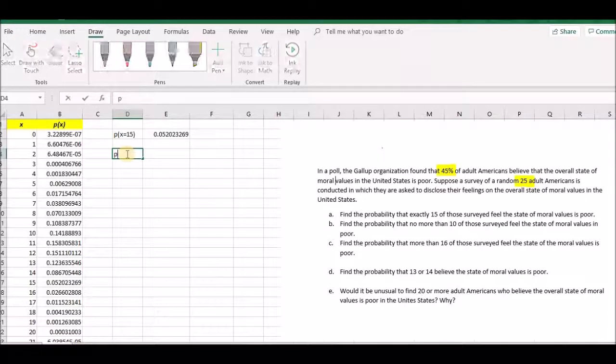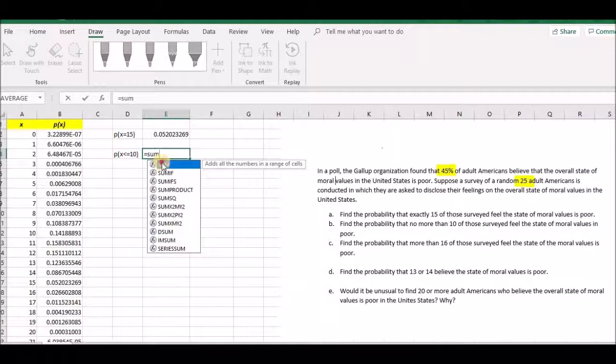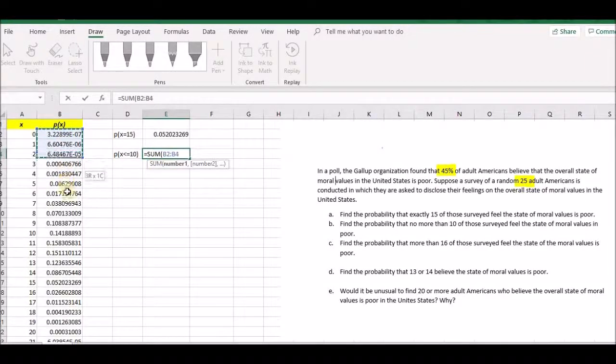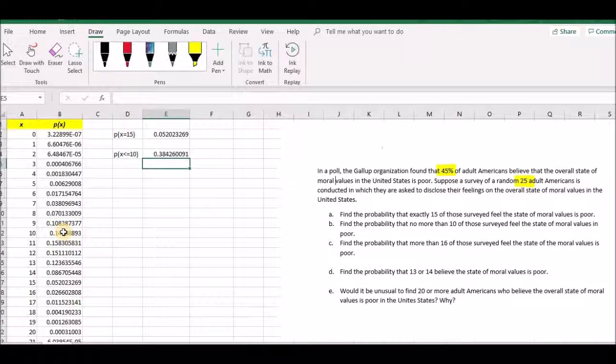So that is exactly the probability of X less than or equal to 10. To compute that, you're going to find the sum of all of the probabilities from X equal to 0 to X equal to 10. And that is the answer to the second part.